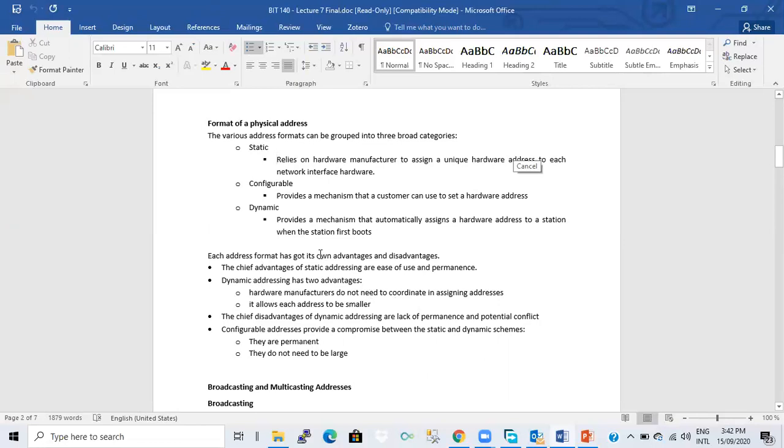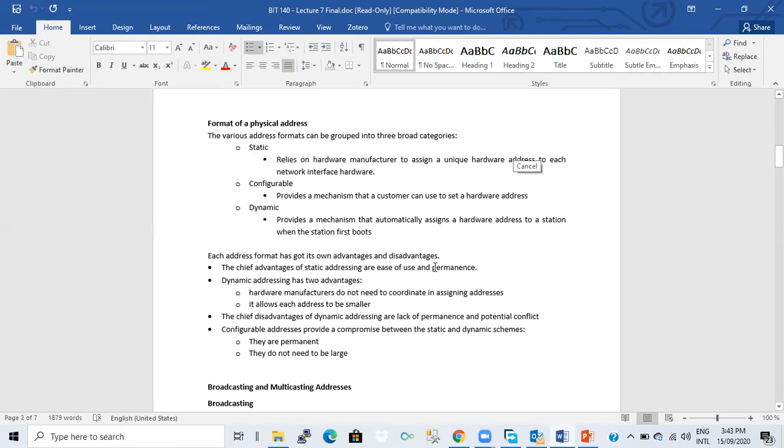If I may just highlight one of the advantages of static physical addresses, it's the property of permanency, which means this computer will forever have this particular MAC address or physical address. So you don't need to master a physical address.